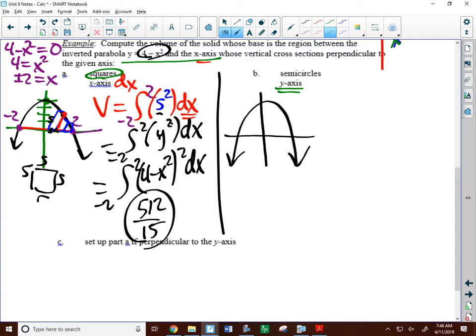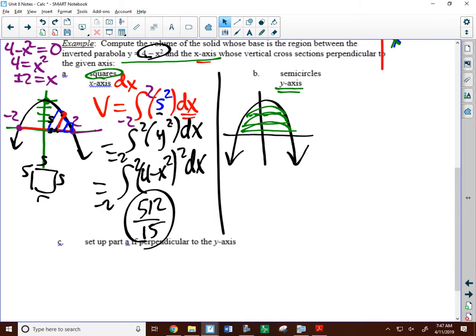So here's the y-axis, and our semicircles are going across here. It's hard to draw, I'm just drawing a couple, but that's pretty decent. It's like semicircles going this direction.